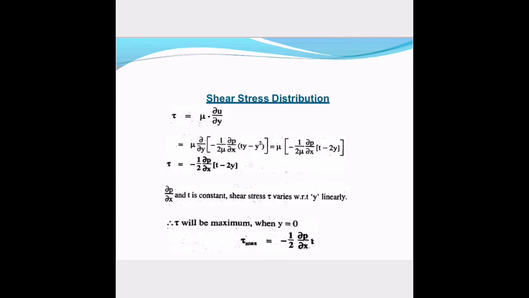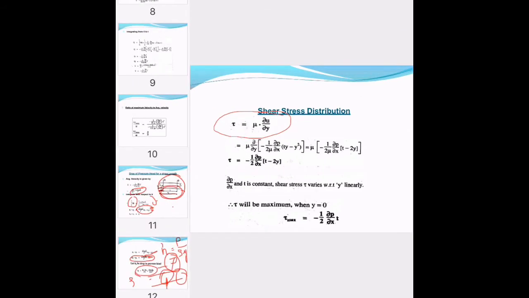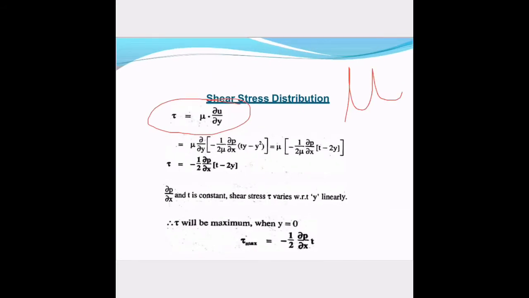It is all about shear stress distribution: how shear stress is distributed throughout the fluid flow. From Newton's law of viscosity, all of you know that shear stress tau is equal to mu del u by del y.